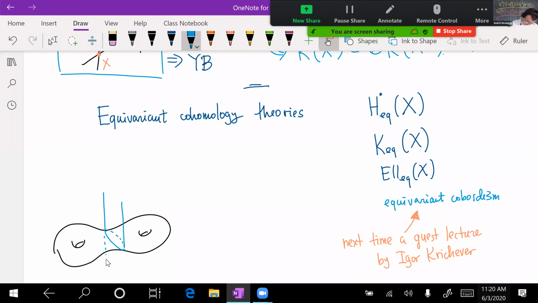and remember, when we compute the index, we make the time periodic, and so this really means that we identify this with that.